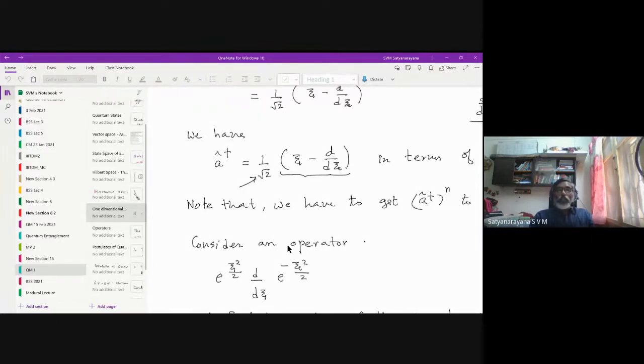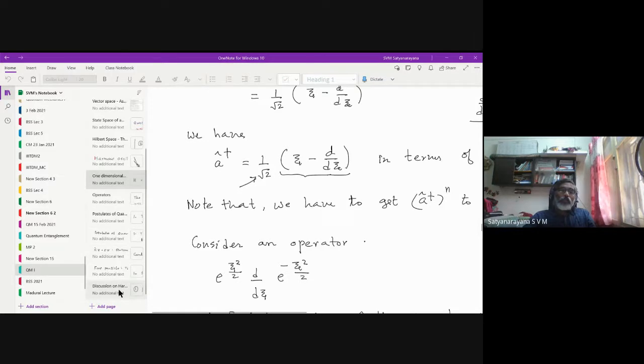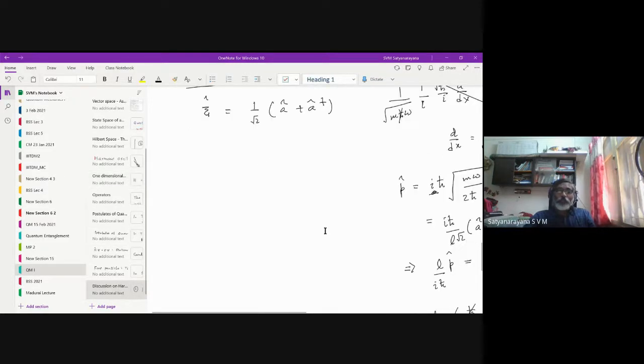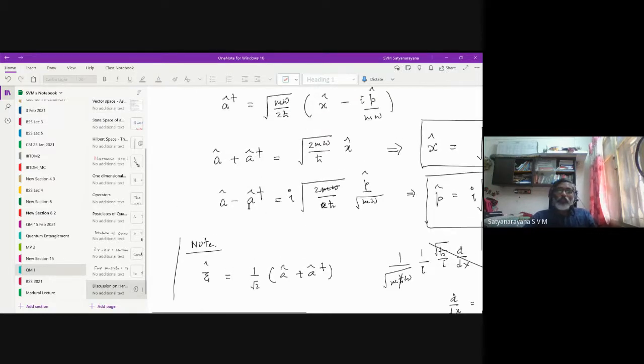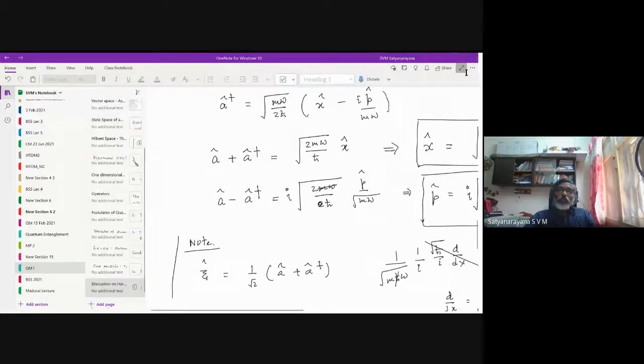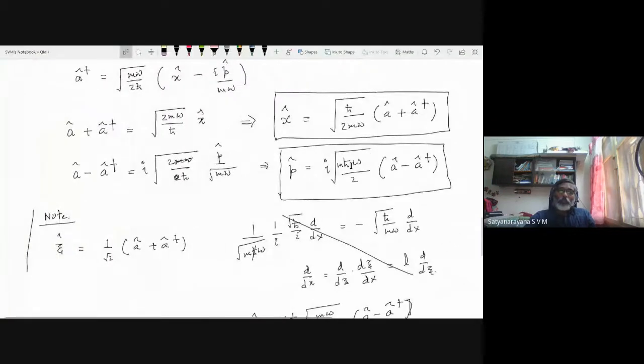So like this, if you write a, that will be written as xi plus d by d xi. Okay, so then you can write down d by d xi in terms of a minus a dagger. Okay, but anyway, this is not needed. I just want you to play with this, but this is not needed because what we require is only these operators x and p.